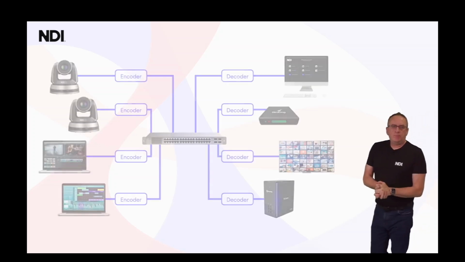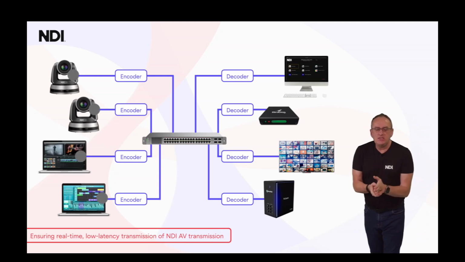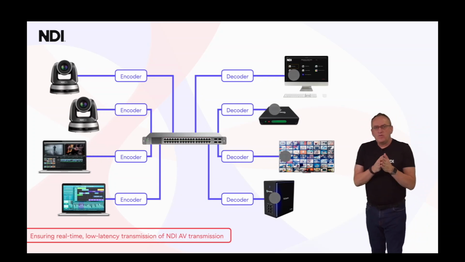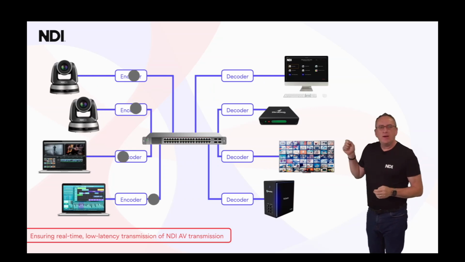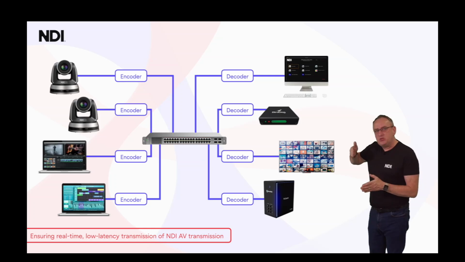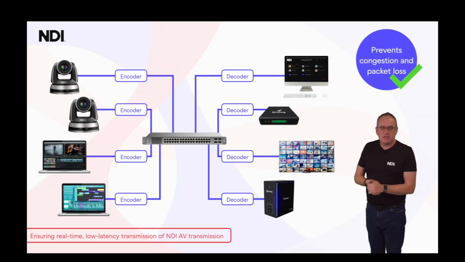Flow control plays a crucial role in ensuring real-time, low-latency transmission of NDI AV streams. Flow control is a network mechanism that manages the rate at which data is transmitted between devices to prevent congestion or packet loss.